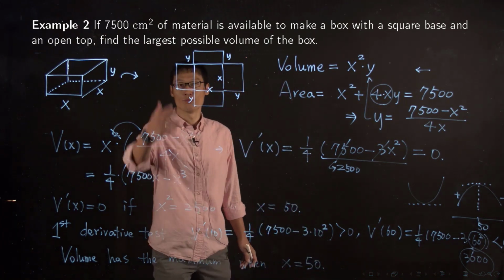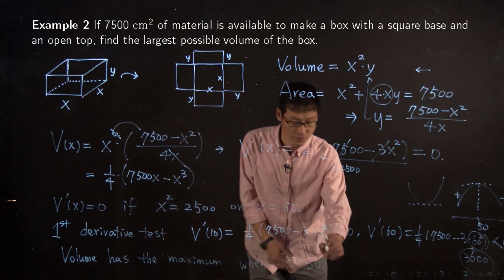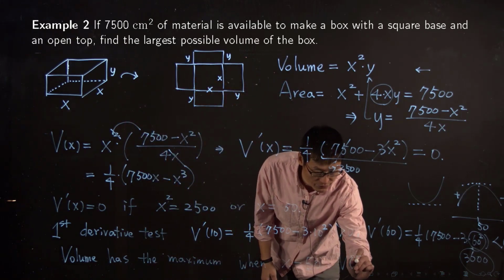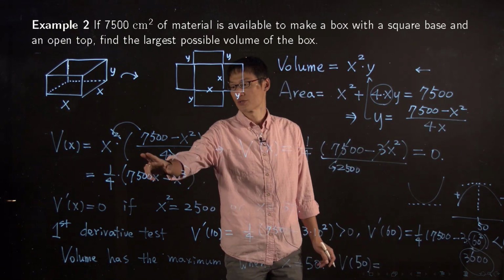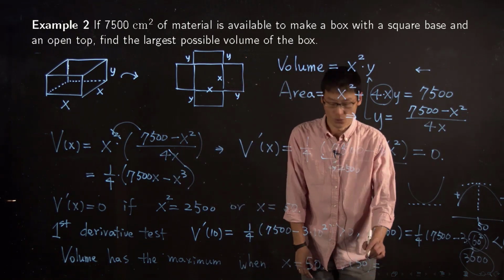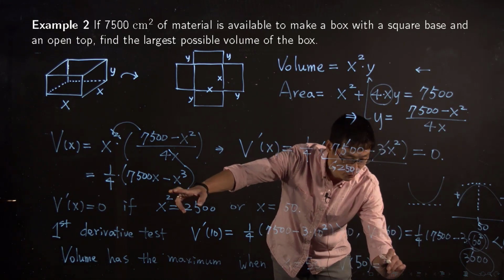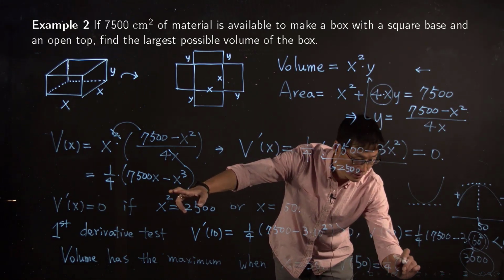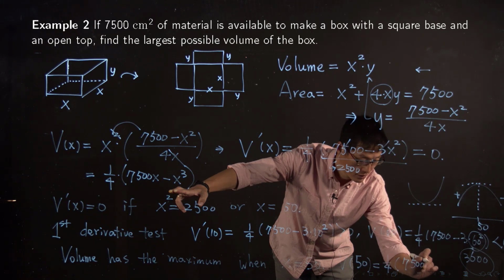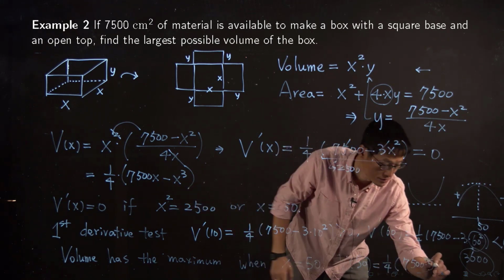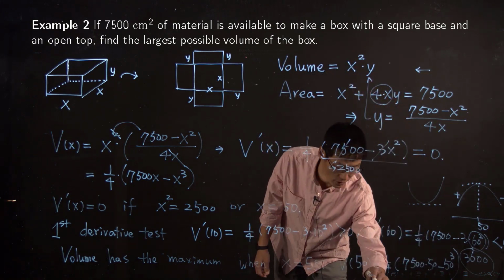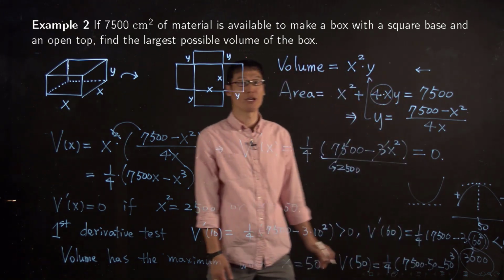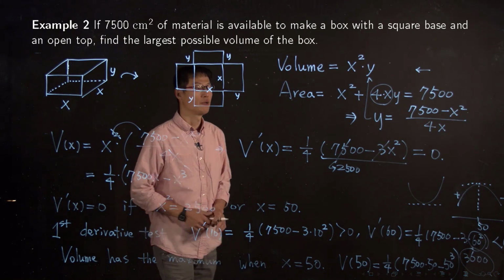Okay, so the largest possible volume is V of 50. You plug that into this volume, so we have 1/4 times 7,500 times 50 minus 50 cubed. You calculate this to find the maximum, and that will give you the maximum volume.